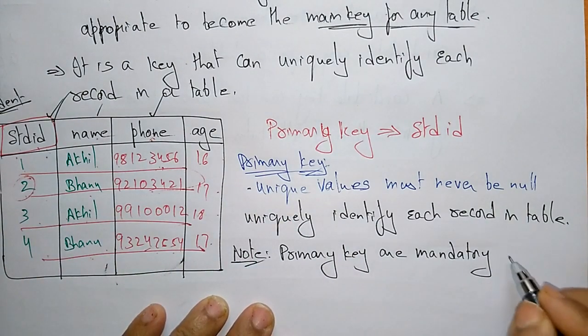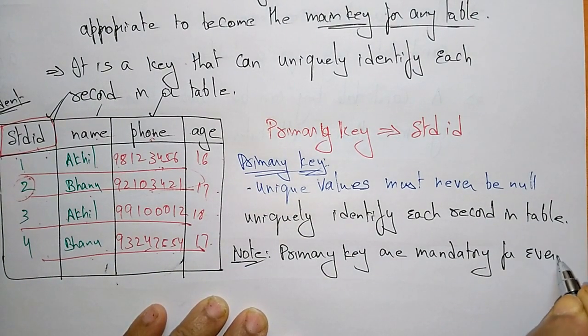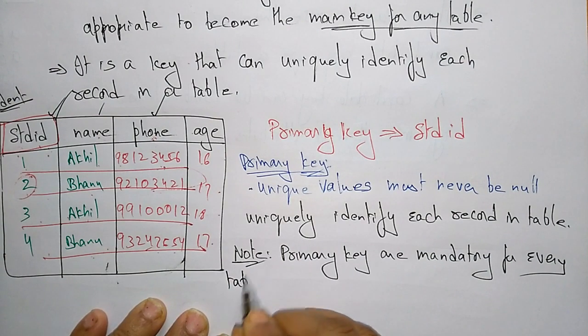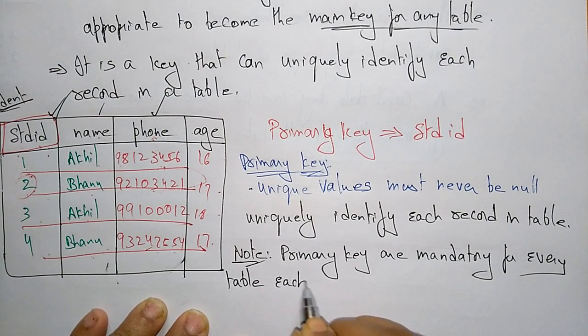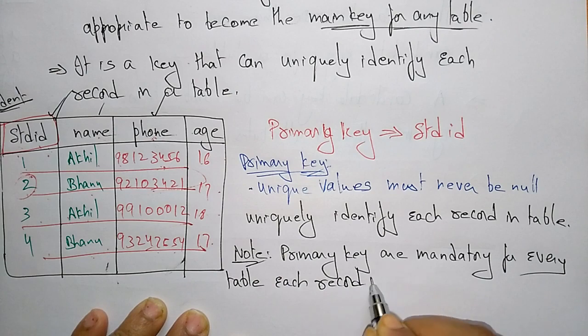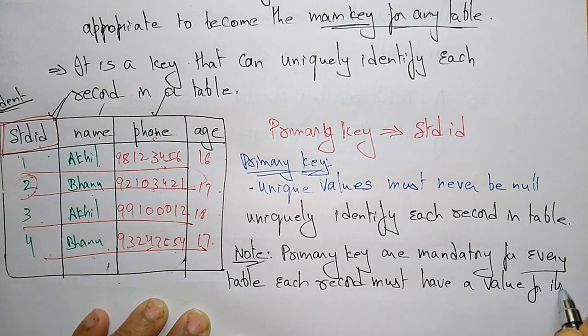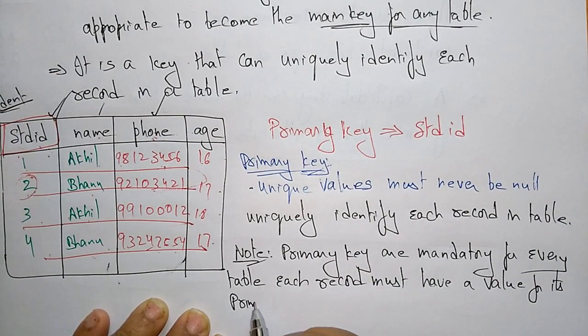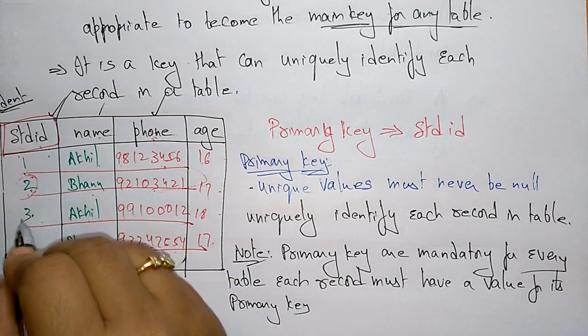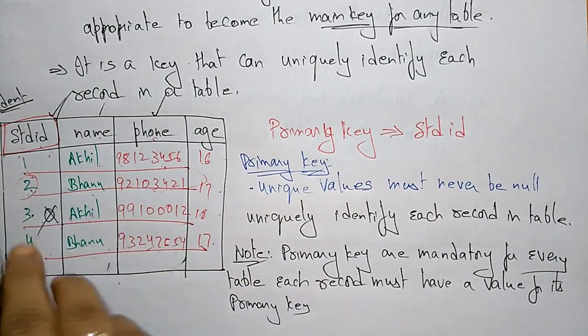A primary key is mandatory for every table. Each record must have a value for its primary key. So it should not be null. Compulsorily, each record must hold some value. So a null value should not be allowed.